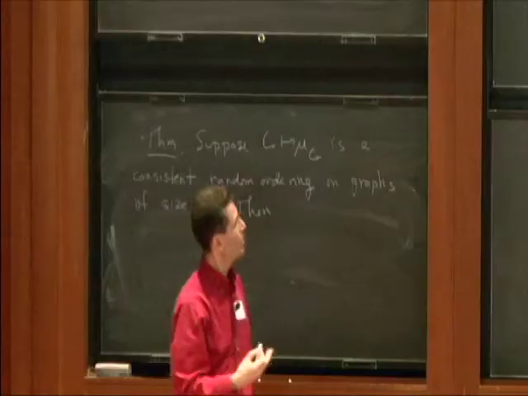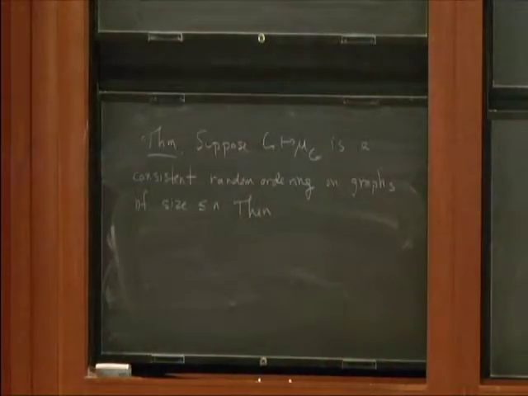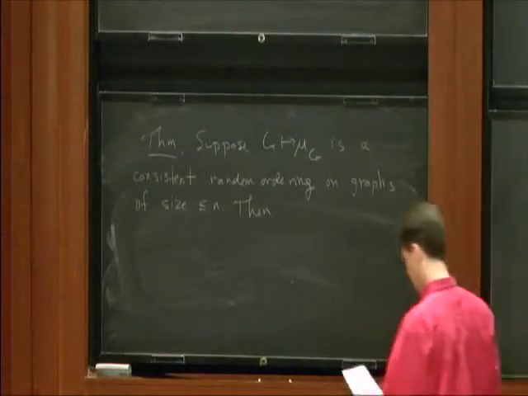Then, if you have a graph H of size k at most n, then we can say how close mu sub H must be to the uniform ordering in terms of n.